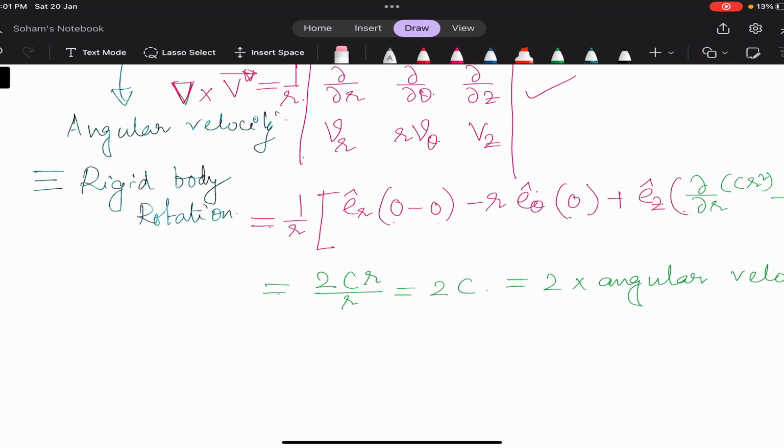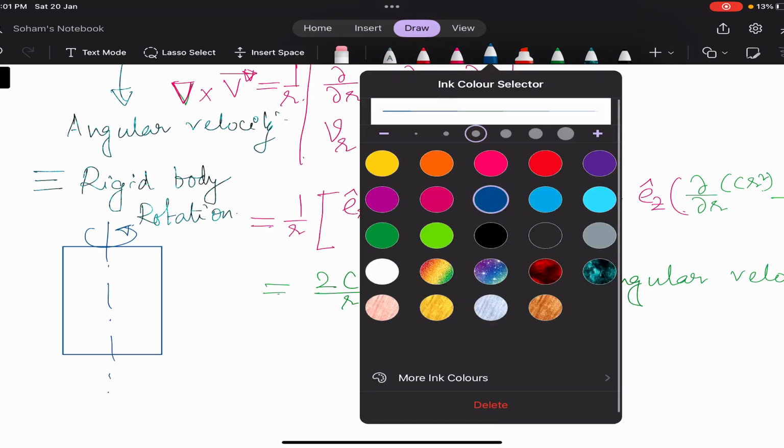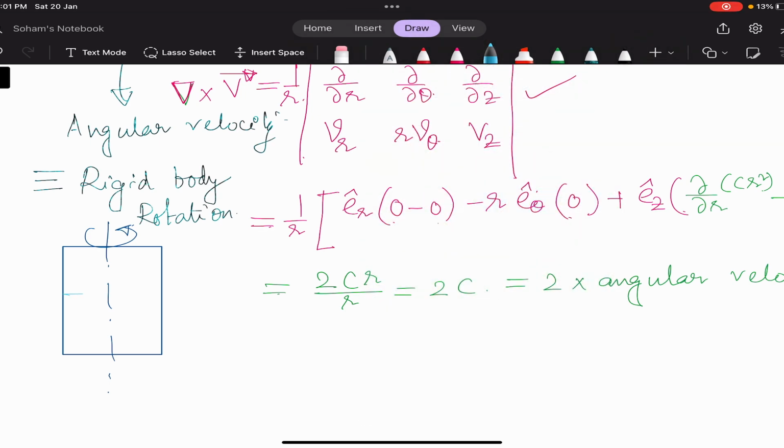If you have a bucket like this, and this is the axis, and you rotate the bucket like this, and you have water inside the bucket, then during the rotation, it will attain a free surface like this. You can do it right now also.